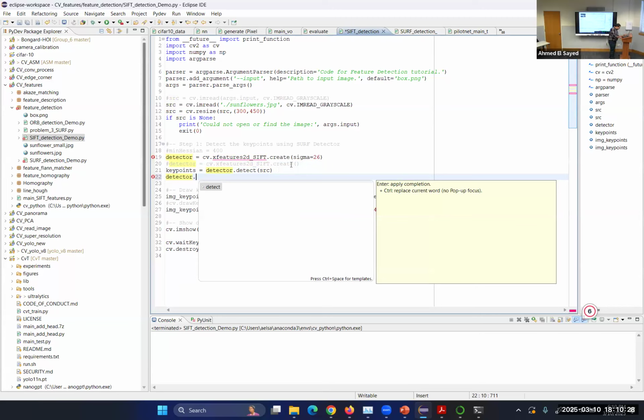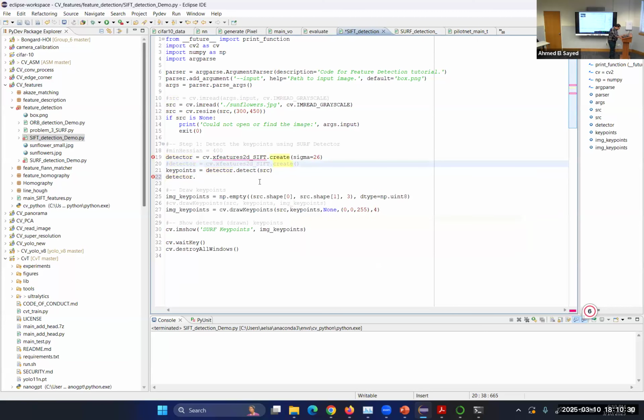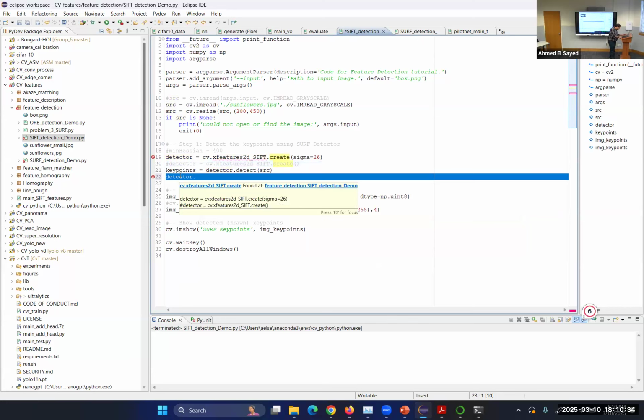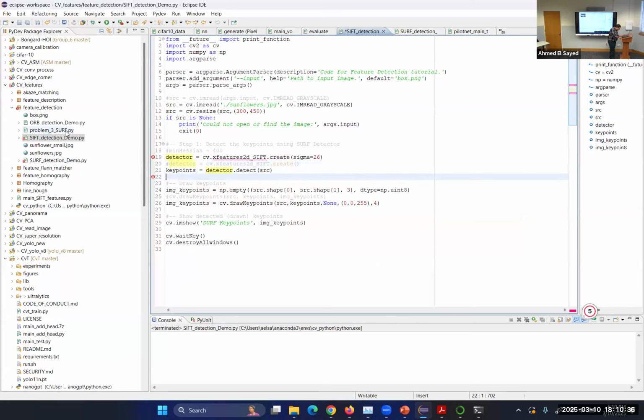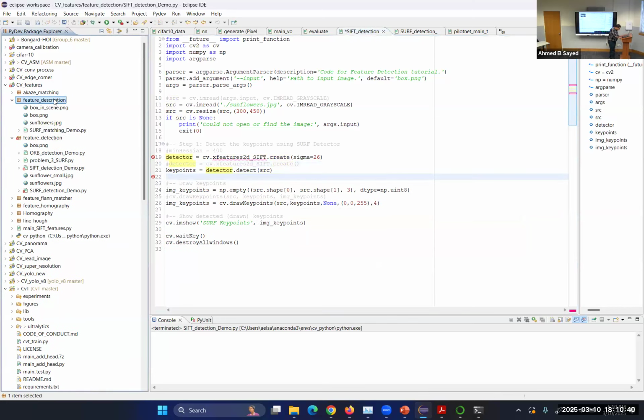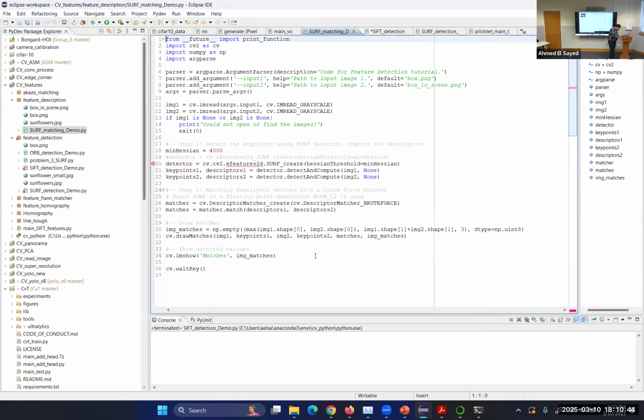The second one is detect and compute. So there is detect only, and detect and compute.